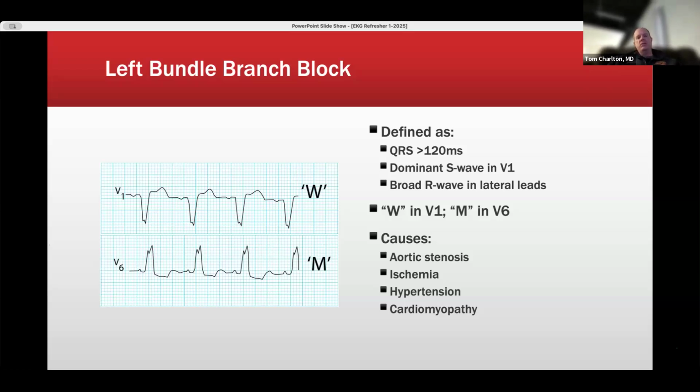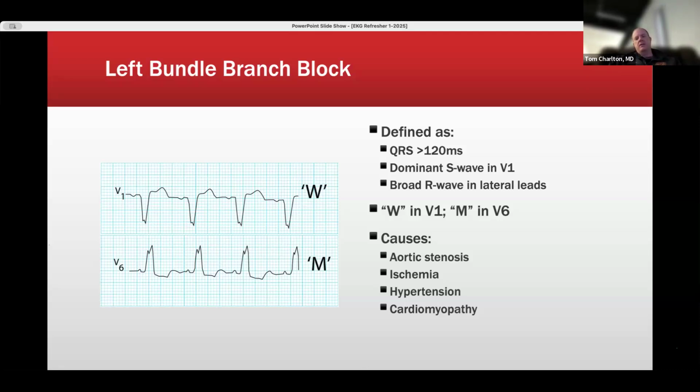We're not going to get into it today, but left bundle branch block used to be considered a STEMI equivalent if somebody was having chest pain, shortness of breath, and all the other stuff that goes along with a STEMI. We now know, though, that it's far more common that the left bundle branch block isn't related at all and is not necessarily a STEMI equivalent. If you're an EKG geek like I am, you can look up something called the Sgarbossa criteria.